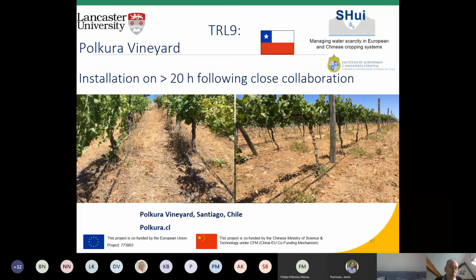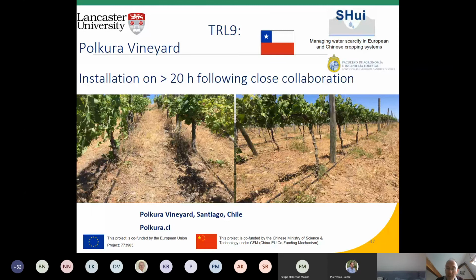So possibly some of the commercial examples I've provided over the last few slides are outlier points where a particular case of variety, soil type, and climate has resulted in conditions where partial root zone drying has resulted in a substantial increment that's of commercial significance.